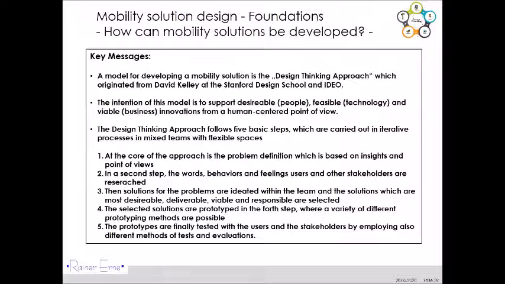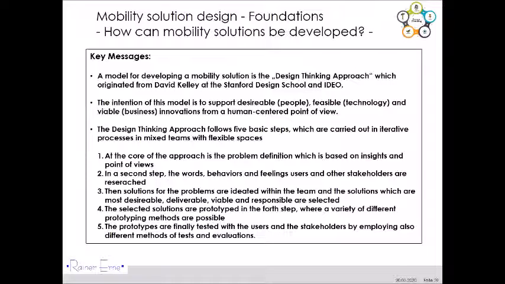The design thinking approach follows 5 basic steps, which are carried out in iterations. And the 5 steps are, first of all, define the problem so that it opens up a wide space of possible solutions. Then identify and research the stakeholders, what their perspective on the problems is, so that you really gain empathy for their situation.